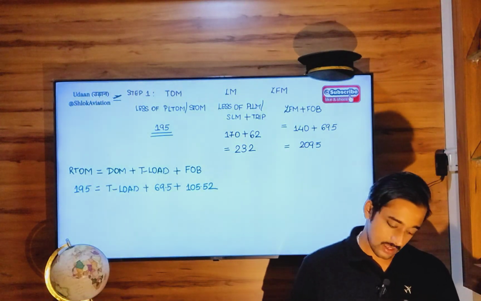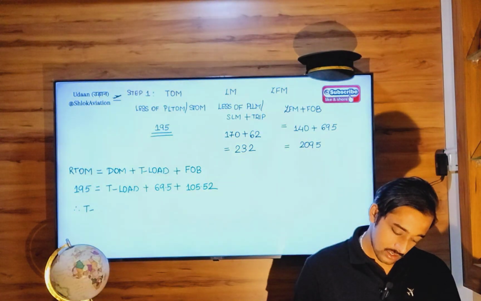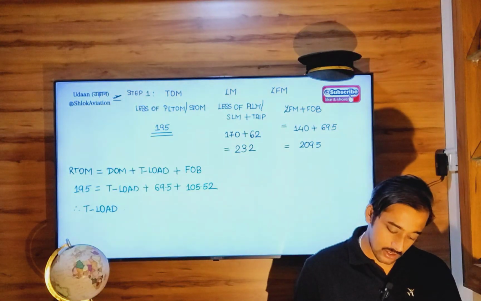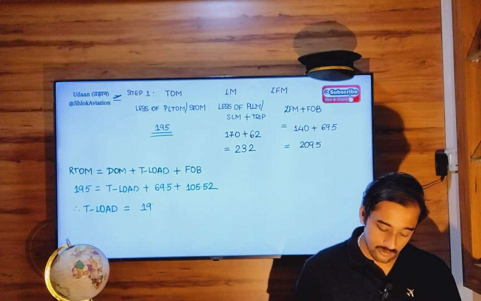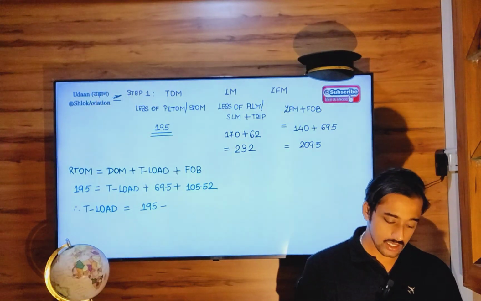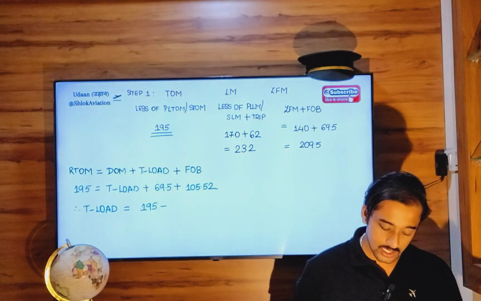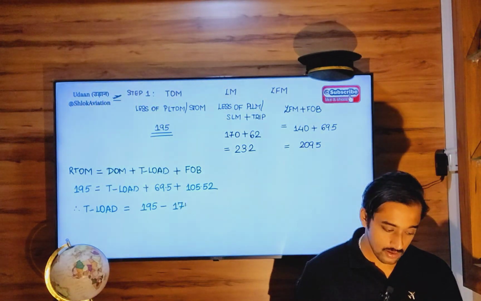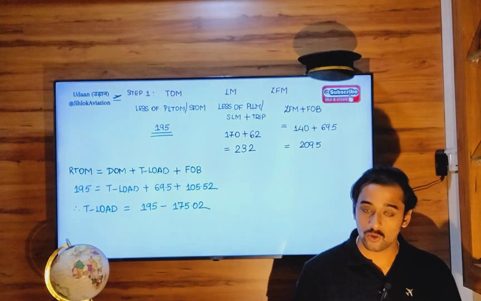So 105.52. Therefore, traffic load will be equal to 195 minus (69.5 plus 105.52), which is equal to 175.02.